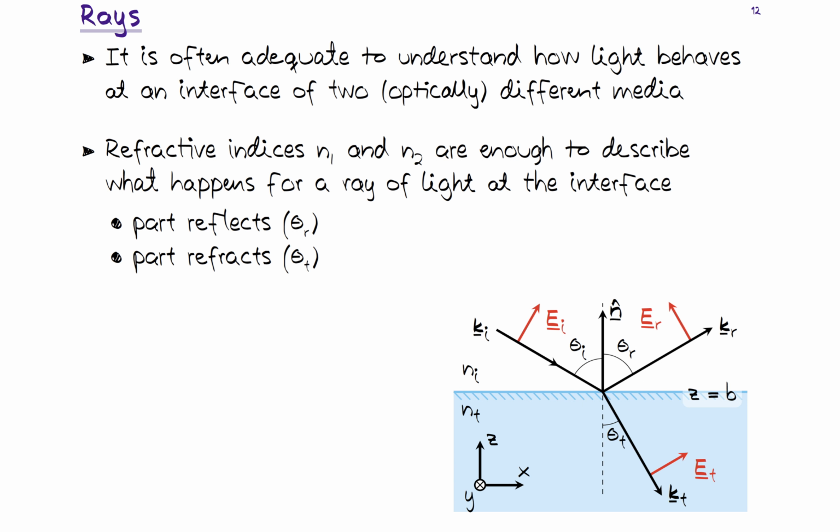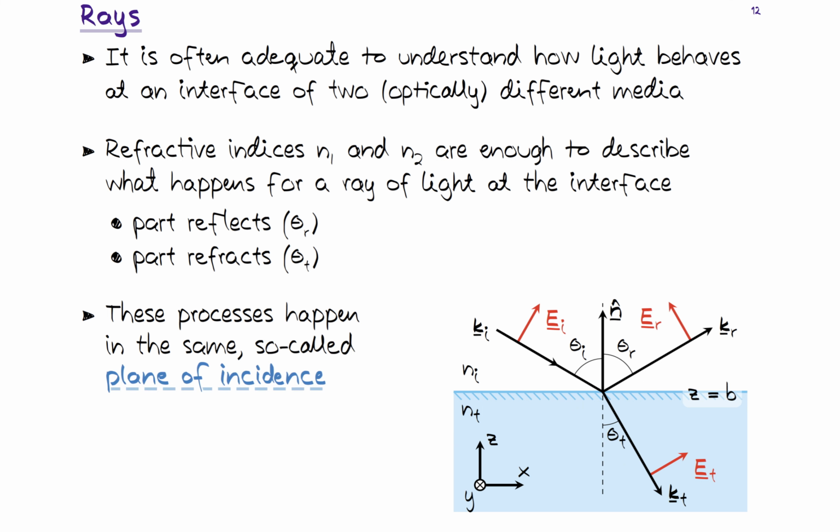More on this later. Then part of the ray of light refracts, and this refraction angle theta t will be slightly different. These processes happen at the same time, and they happen in the so-called plane of incidence. This plane of incidence is defined to be the plane where we have the surface normal, n, and where we have the incident ray, the reflected ray, and the transmitted ray, which is the refracted ray.